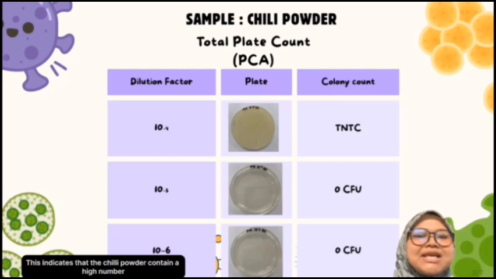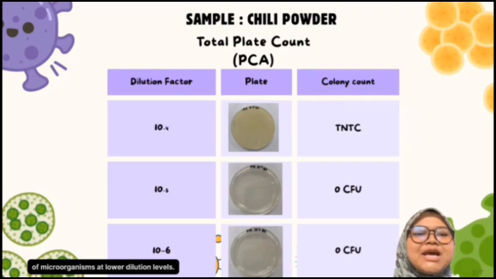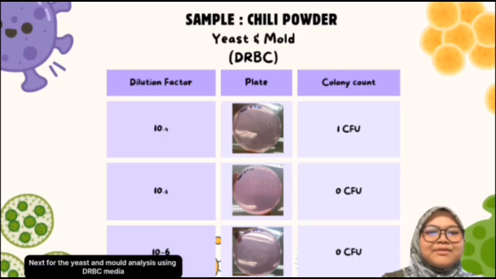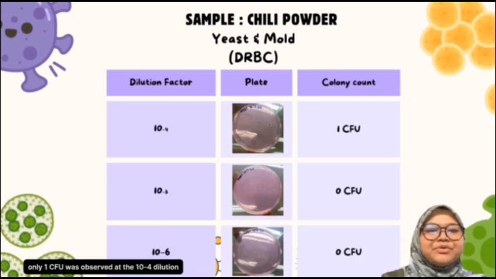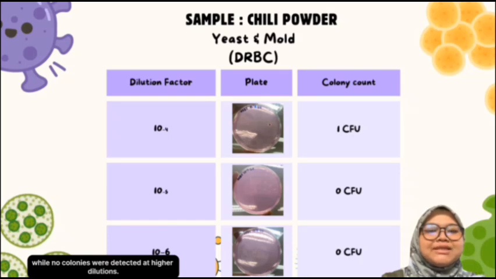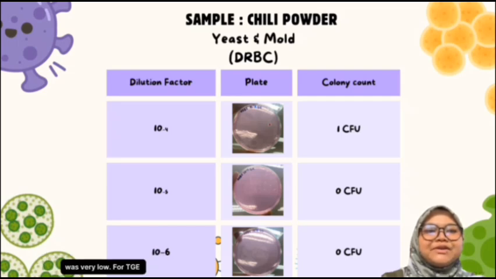This indicates that the chili powder contained a high number of microorganisms at lower dilution levels. Next, for the yeast and mold analysis using the RBC media, only 1 CFU was observed at the 4 dilution while no colonies were detected at higher dilutions. This shows that the yeast and mold contamination in the sample was very low.